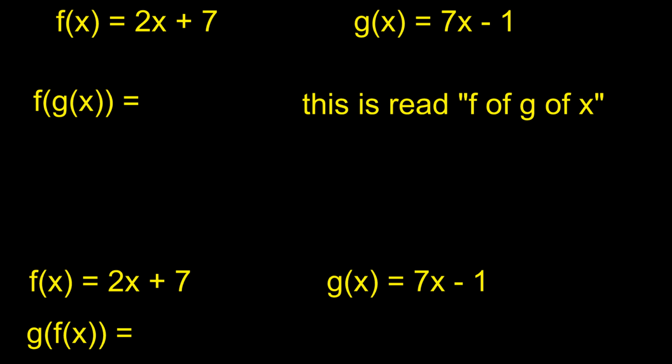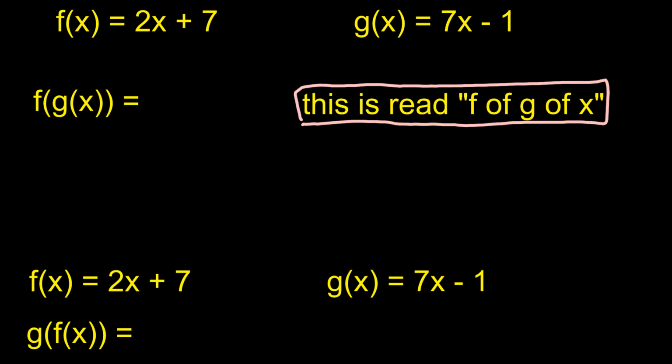So same f of x and g of x in this example, but this time I'm going to do f of g of x, and this is read f of g of x. So what we're doing in this example is, you notice we're not plugging in a number this time, we're actually plugging in a function.